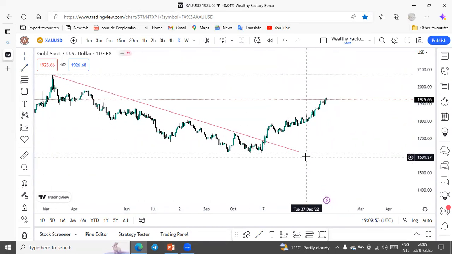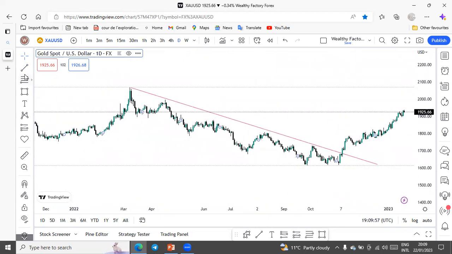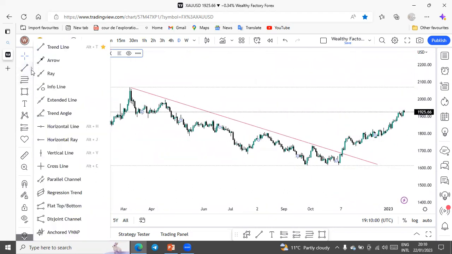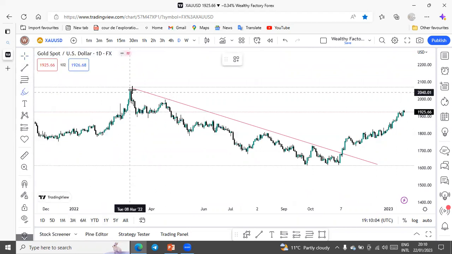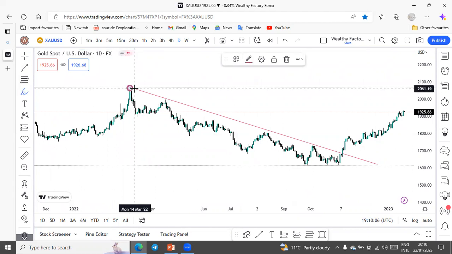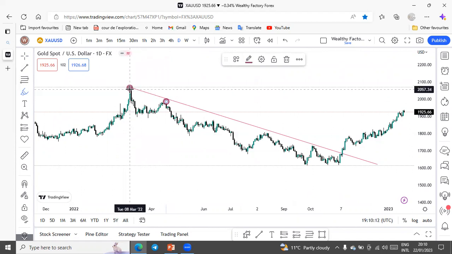This one was a downtrend because the market was making these levels. This one was the first high. Then the next high the market made was lower than this previous one.